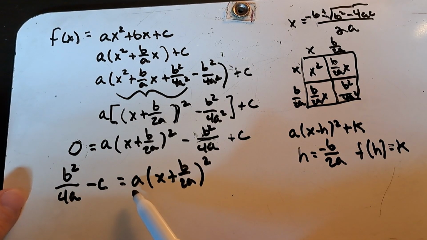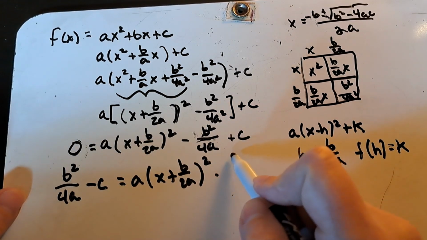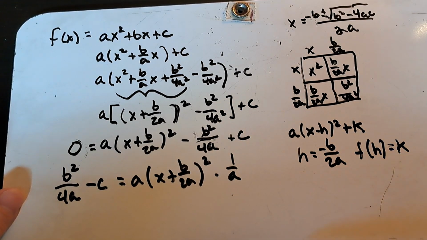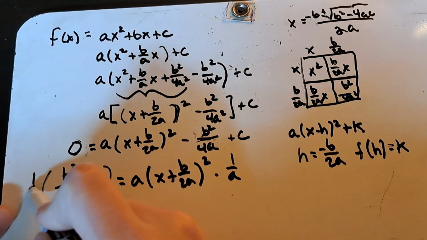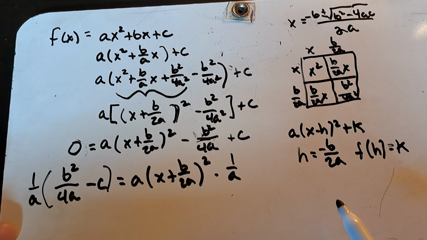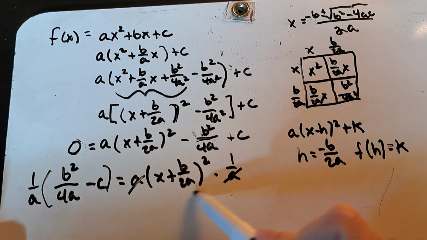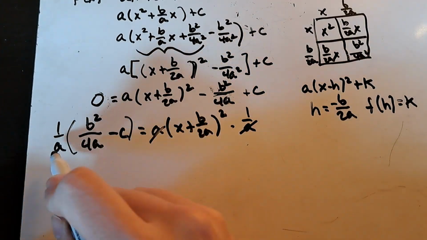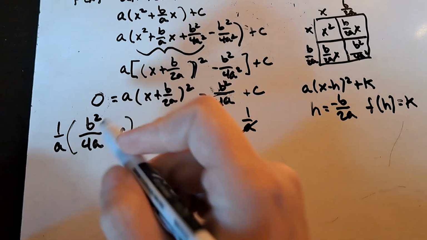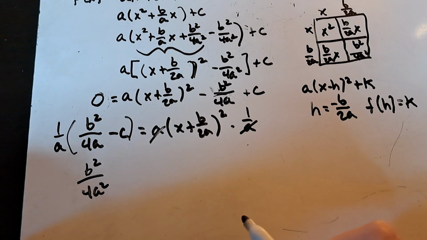I will divide by a by multiplying by 1 over a here, and multiplying this by 1 over a here. That's going to cancel out the a and just leave me with x plus b over 2a squared. 1 over a times this is going to get me b squared over 4a squared.